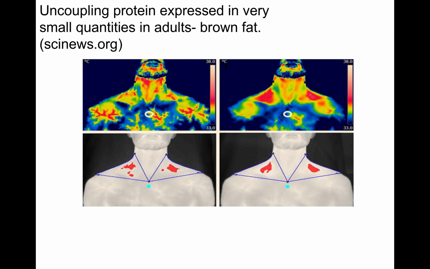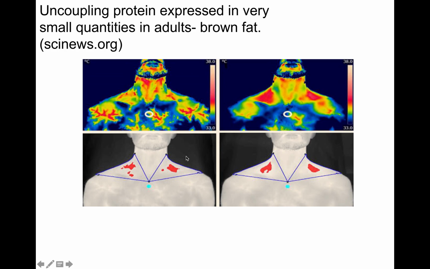And there's a lot of interest in this because it is very energy wasting as a tissue, and because there's an obesity epidemic in the adult human population. There are lots of developmental scientists and physiologists looking at how we can turn on these genes in adipose tissue so that we can lose weight.